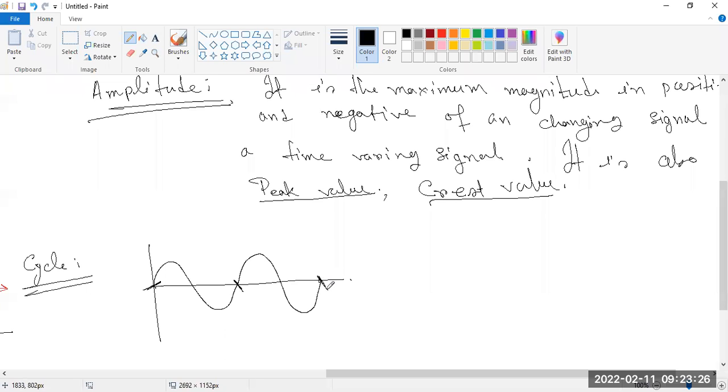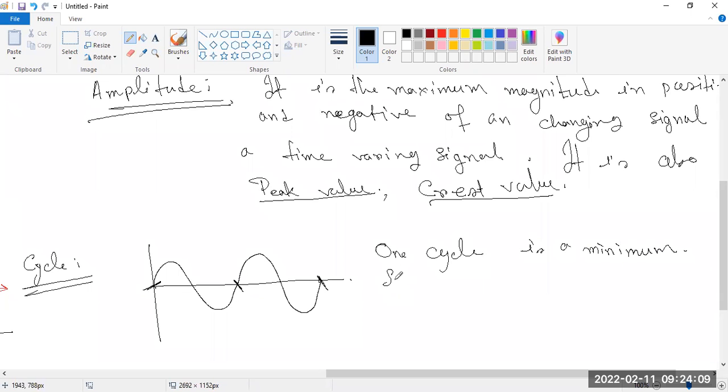But if anyone asks you the definition, how could you represent it? Yes, sir. One complete AC current. Yes, one complete AC, both in positive and negative. But how could you express this? One cycle is one complete revolution.